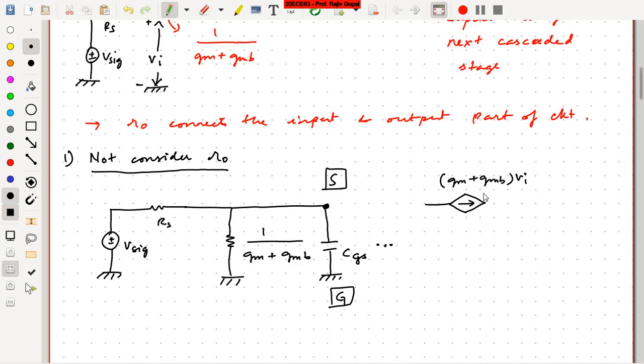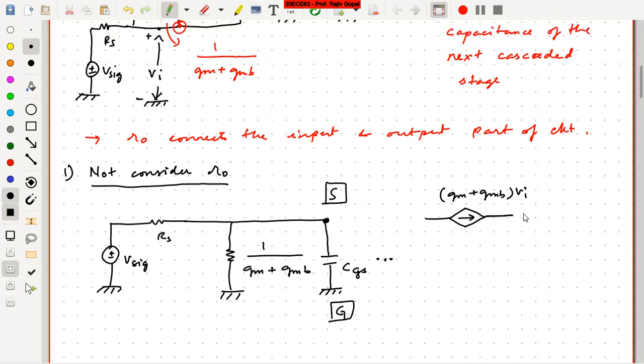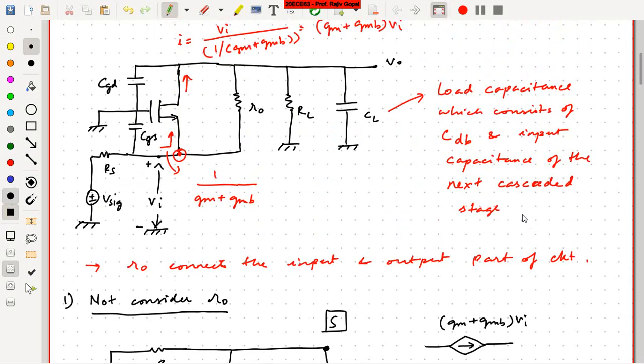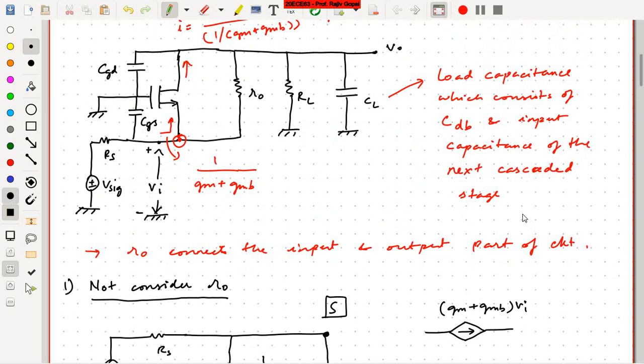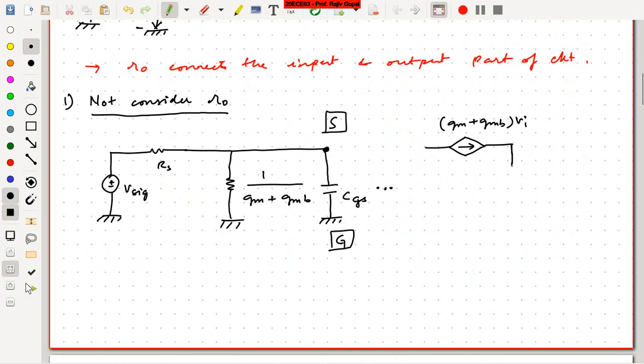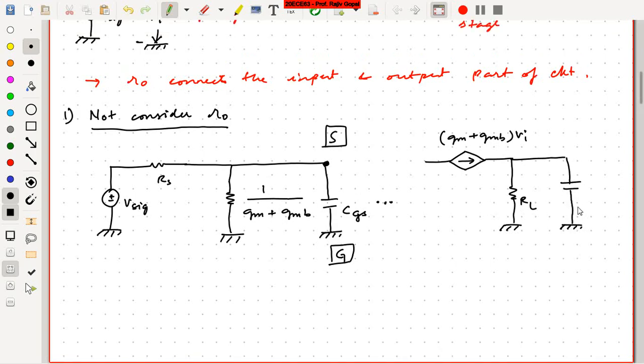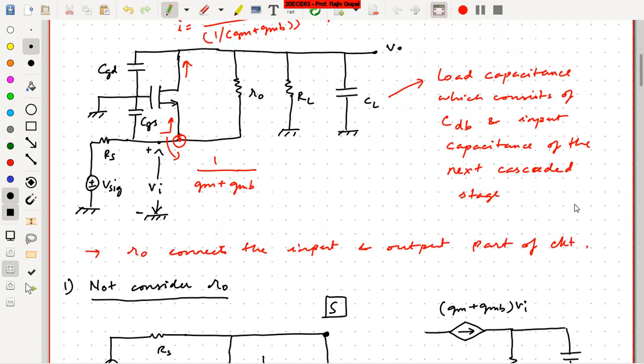Now, after this, you have RL, which is connected to ground, and then you have CL. So I will draw RL here, connected to ground, and then I have CL. Now here if you observe, CL has one end connected to ground.